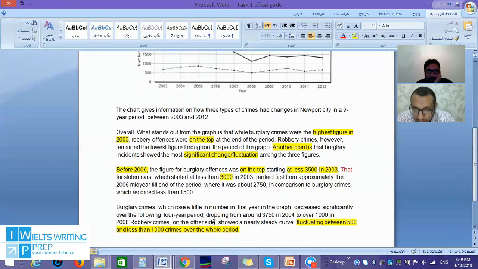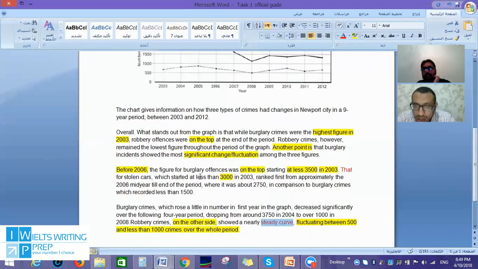Robbery crimes on the other side. I don't know, I've never heard that phrase before. Showed a nearly steady curve, fluctuating between blah blah blah. Okay, I'm going to get back to this.